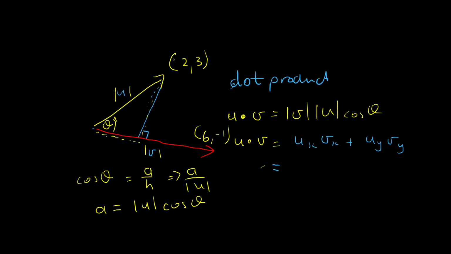So in this case, it's going to be 2 times 6, get that times right, plus 3 times -1. And the answer is going to be 12 minus 3, which would be 9.